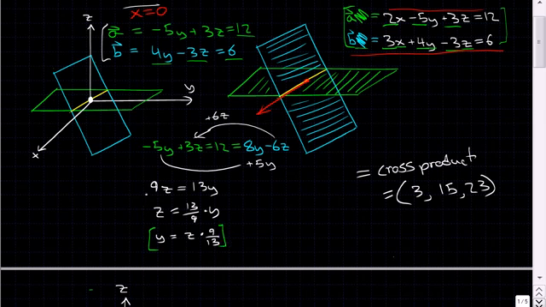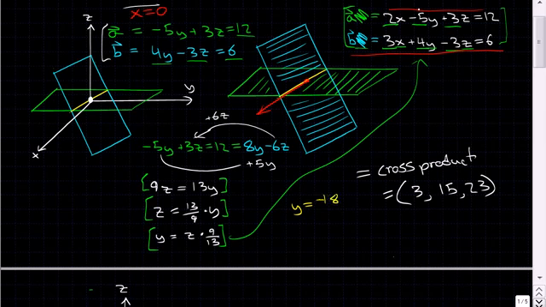So using this, we can substitute in and algebraically solve by putting this into these equations. Let's see, what will y equal? y equals negative 18. I'm not going to go through the whole algebraic solving for this. Then z equals negative 26, and x we decided was going to be 0.